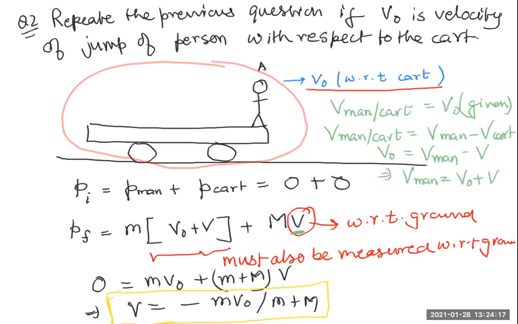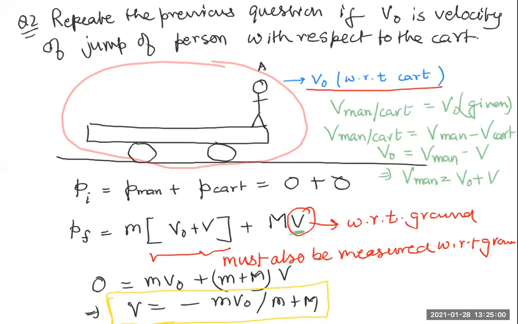Now, the common doubt that I have seen here is: with the v naught velocity with which the man jumped, after that the cart's velocity became V. So how is it that the velocity of the man with respect to the ground is v naught plus V?